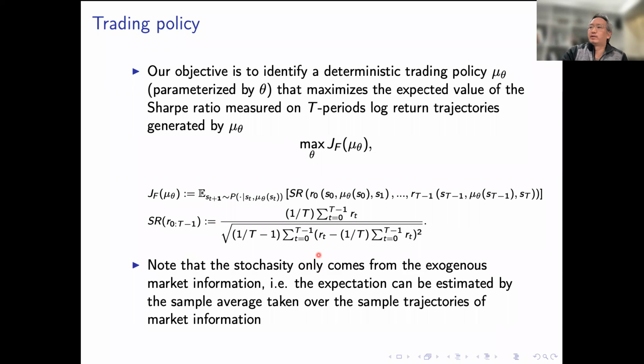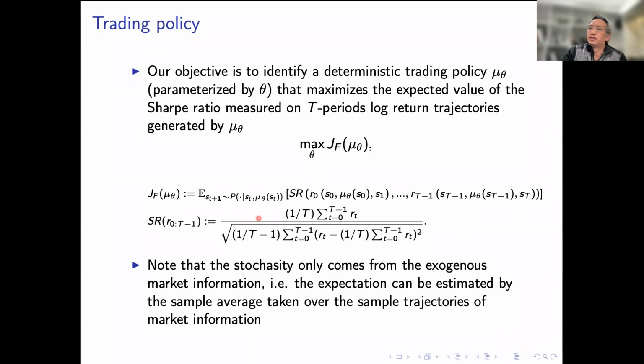The reason I mention that this is different from some other criteria is that, first of all, this is a trajectory-based average, and for this kind of objective function, it is basically not possible to solve by the dynamic programming principle, like the Bellman equation, because this objective function does not have the recursive structure which is usually needed for the use of the Bellman equation.